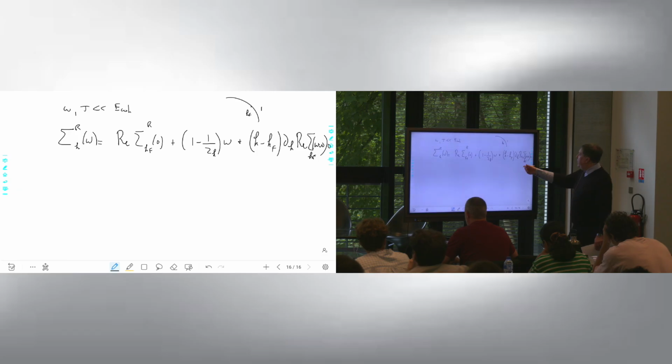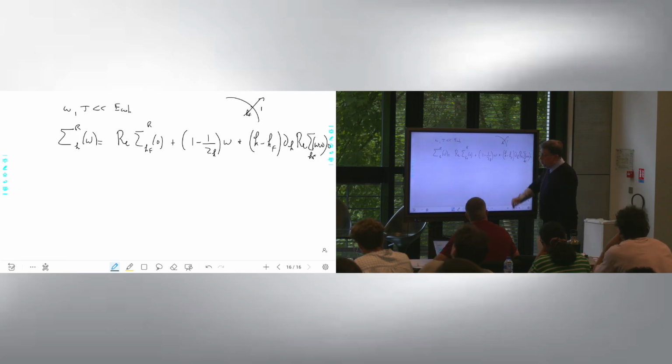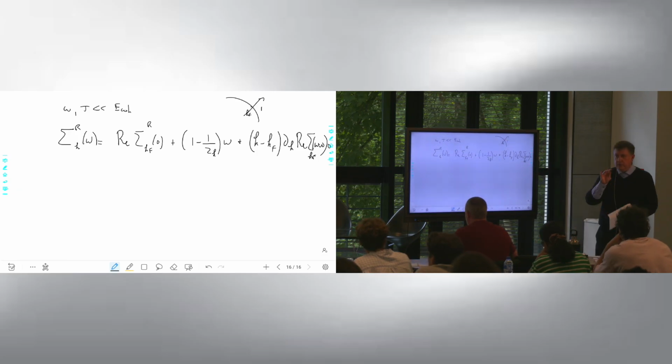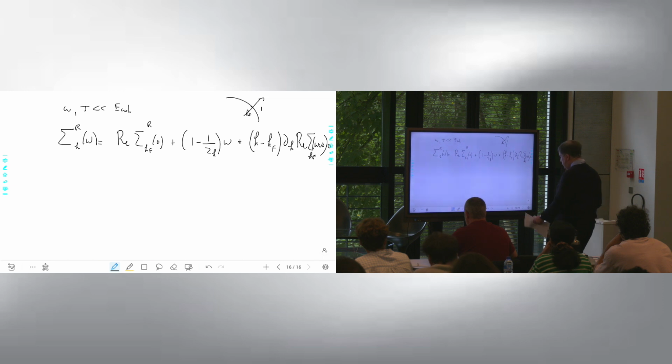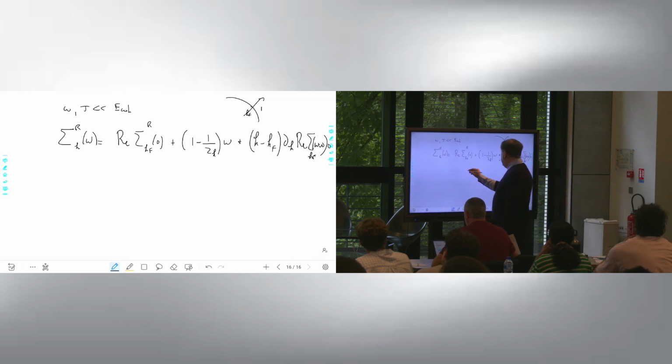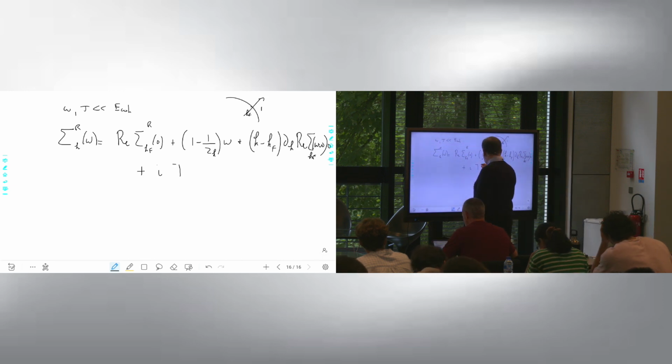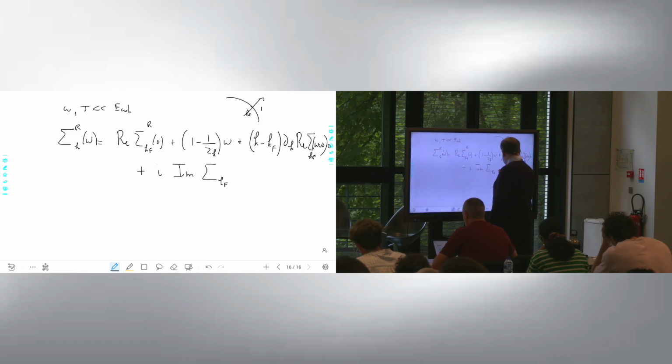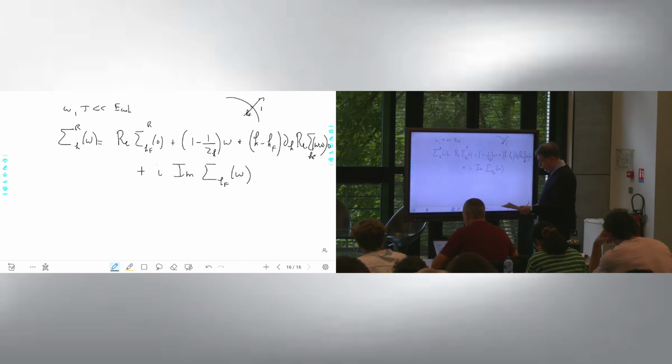If you have a general Fermi surface, what matters is the derivative across the Fermi surface, so you have to do the derivative orthogonally to the Fermi surface, plus an imaginary part of sigma at the Fermi surface as a function of omega.